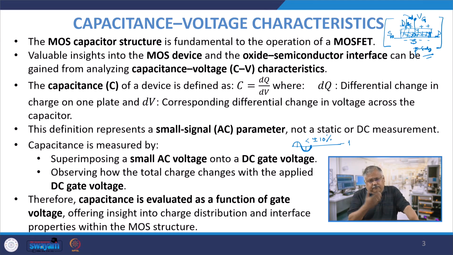The takeaway from this whole slide is that the capacitance value is a function of the gate voltage. This gives you an idea about the total charge accumulated in a capacitor, and later on we will see it also gives much information about the interface trap charges in the MOS structure.